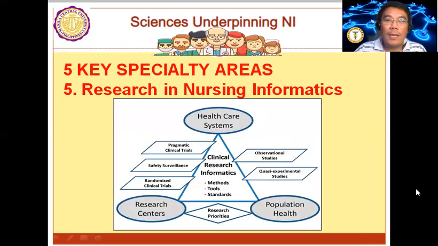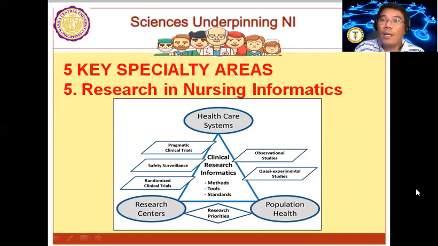So this is a typical example of the framework as well when it comes to how the healthcare system will be very important in research in informatics. So let's integrate here the vaccination.